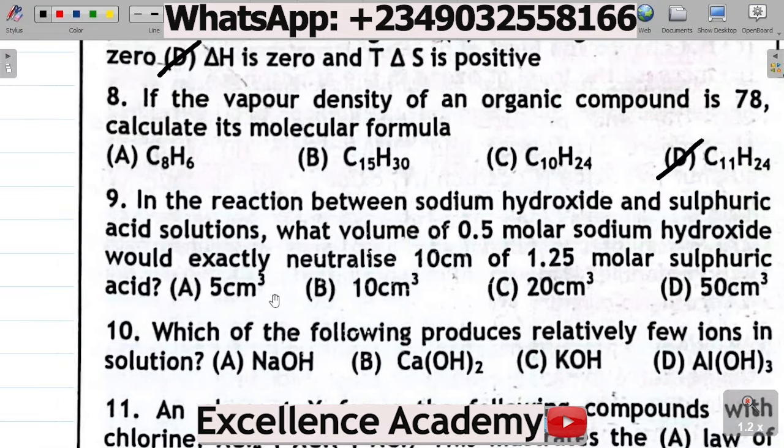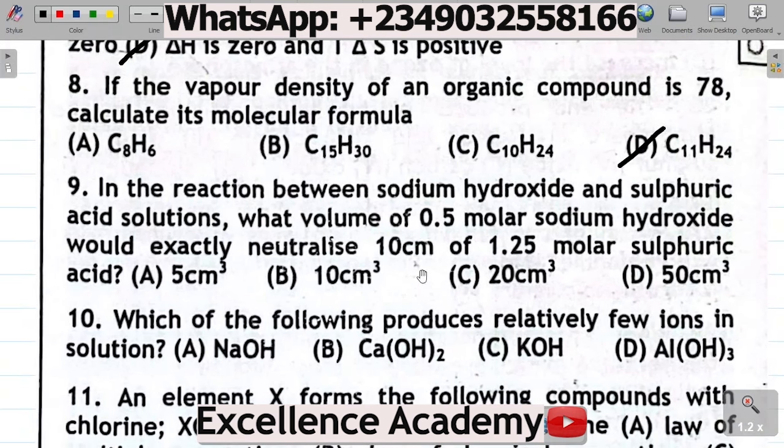Now, to solve this question, this is a question on titration, involving the reaction between an acid and a base. So let's get the complete equation of this reaction. They said the reaction between sodium hydroxide, so we're going to react sodium hydroxide, which is a base, and sulfuric acid.